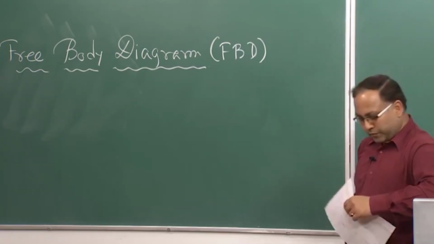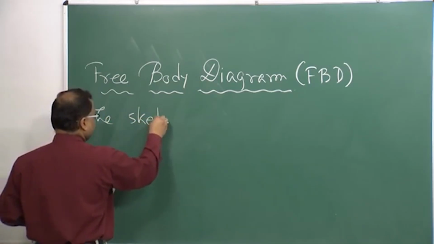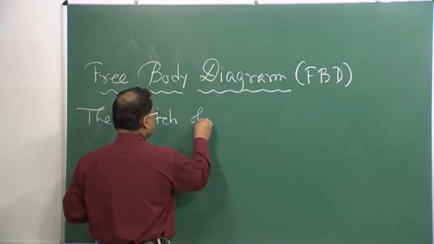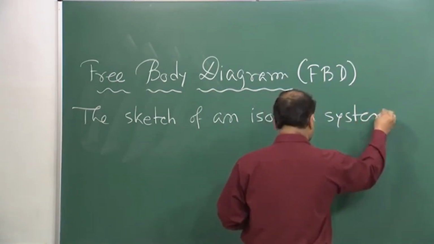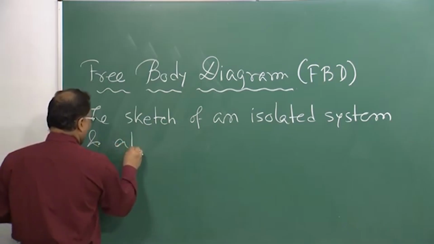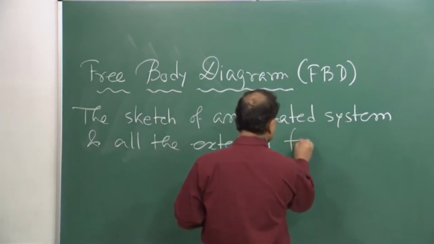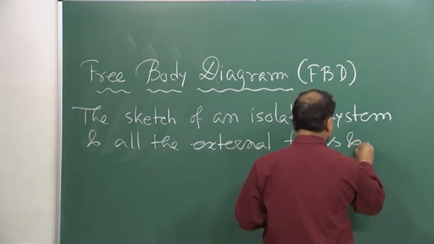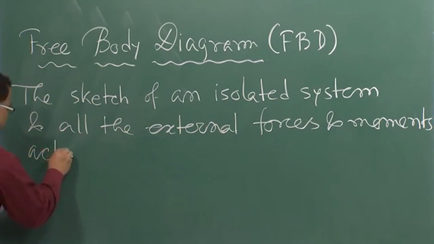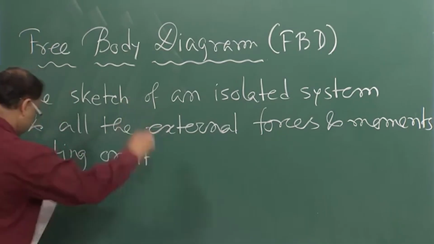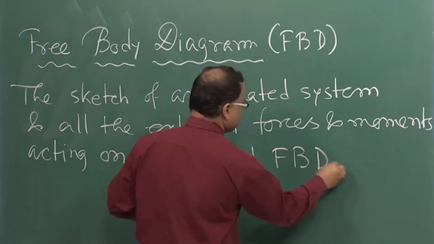So what is a free body diagram? By definition, the free body diagram is the sketch of an isolated system and all the external forces and moments acting on it, and it is called FBD.